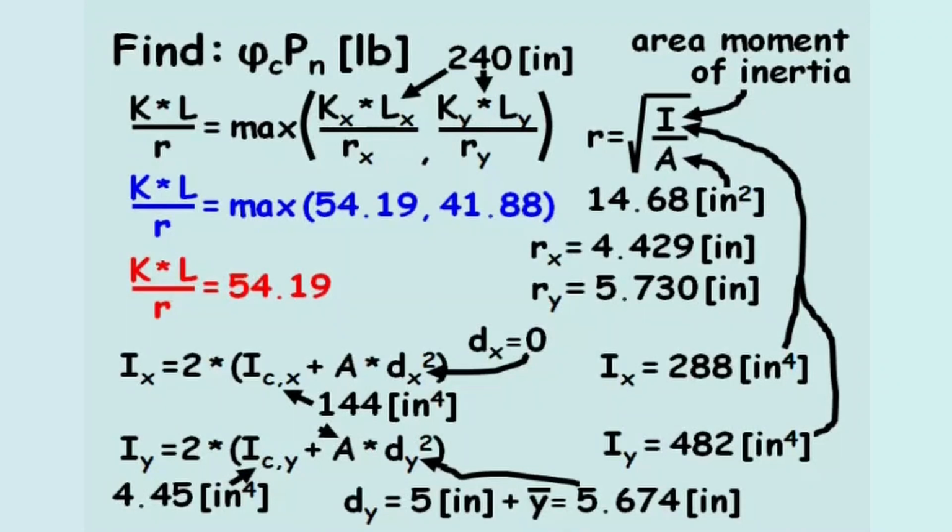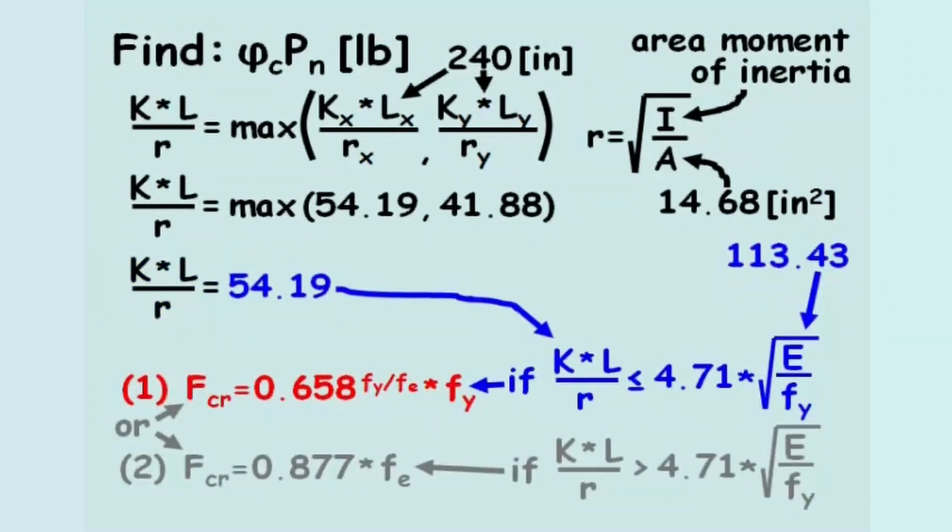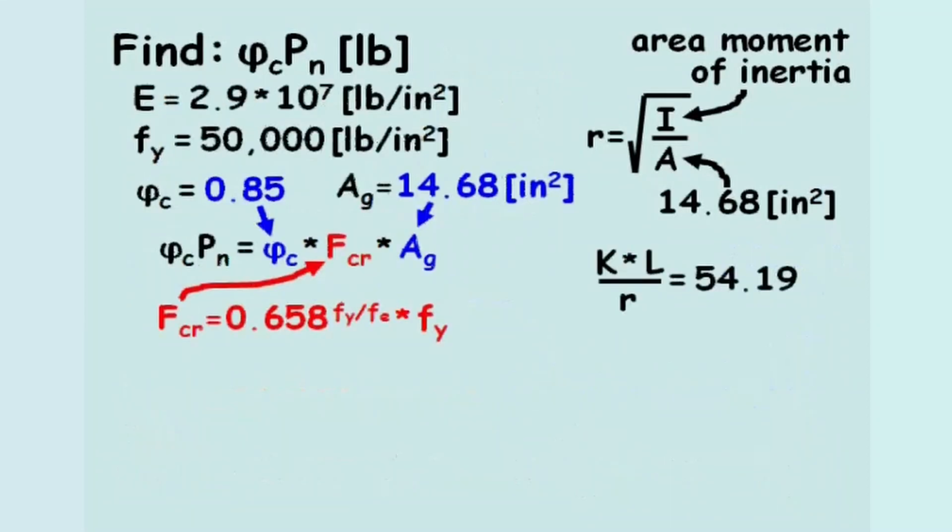Since we know the left-hand side of the equation is less than the right-hand side of the equation, we'll use the first equation to solve for the critical stress in the column, which is the last unknown variable we need to solve for the design strength of the column. From the problem statement, we know the yield stress of the steel, Fy.